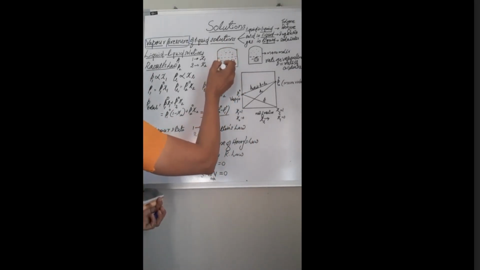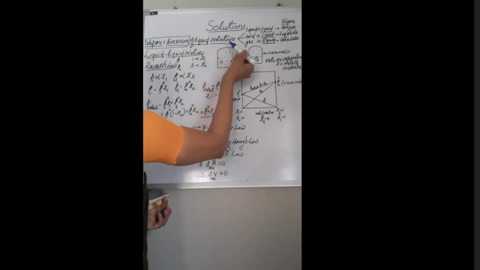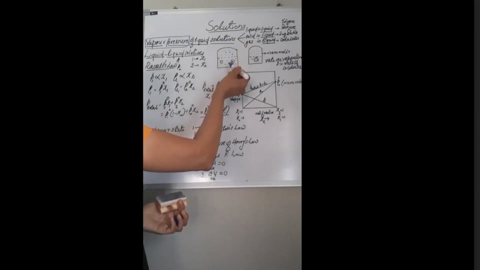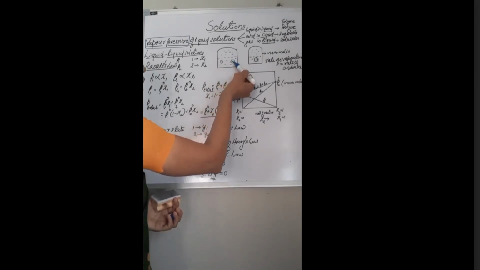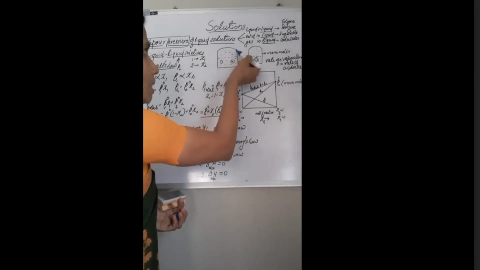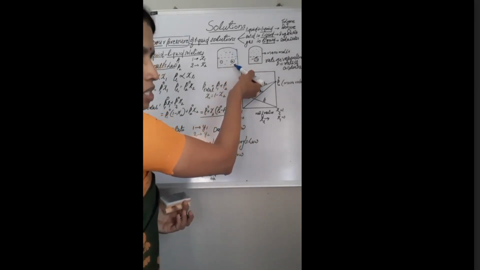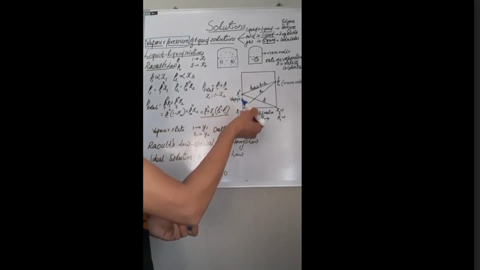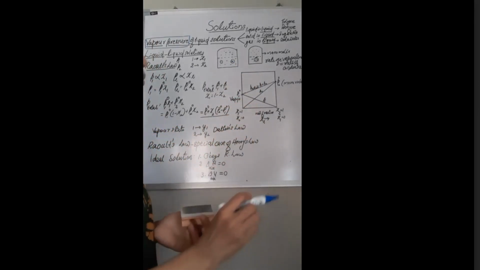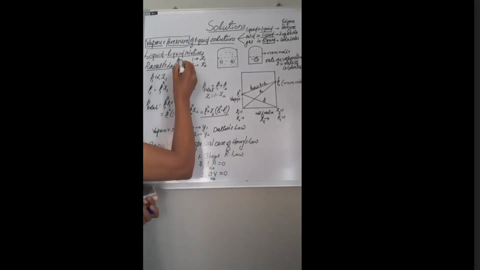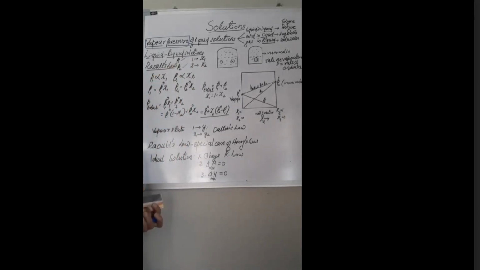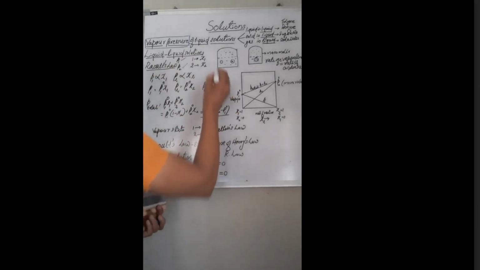Molecules of component 1 in the vapor state will exert a pressure called the partial pressure of component 1. In the same way, molecules of component 2 in the vapor state will also exert a partial pressure.